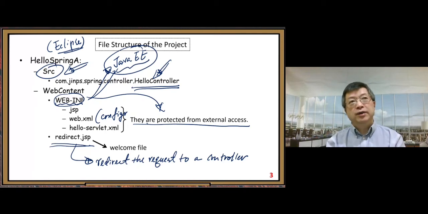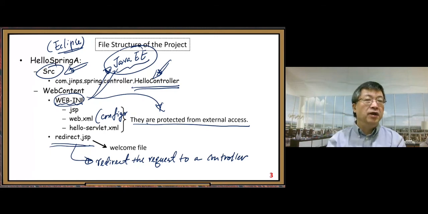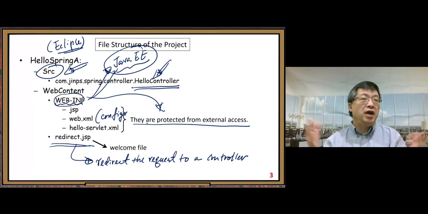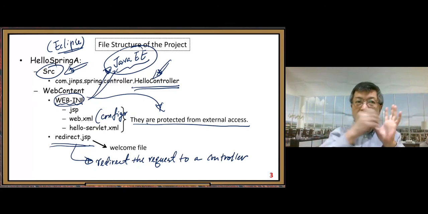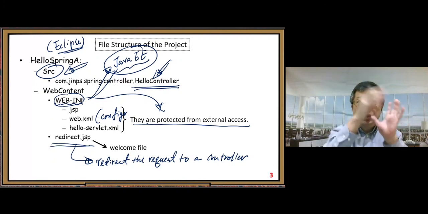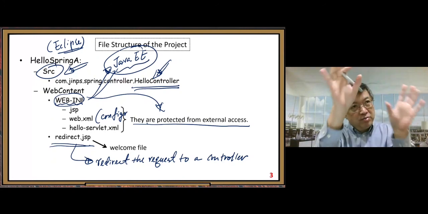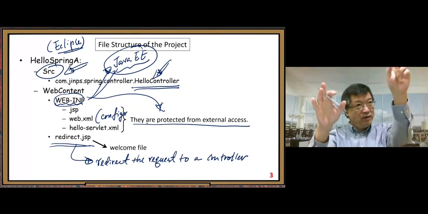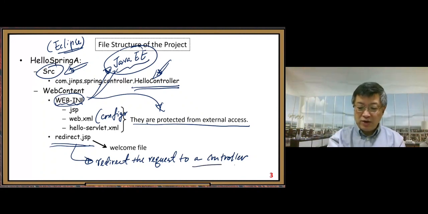So the user does not need to do anything special related to selecting controllers. They just access the welcome file. Then the welcome file will guide them to the first special controller. Only one special controller.